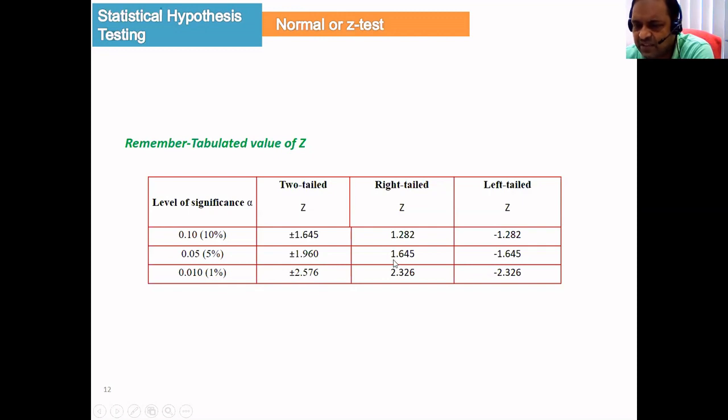For the right tail, the value for 5% is 1.645 or 1.65, to two decimals. And for 1%, or 0.01, it is 2.326 or 2.33. For the left tail, just take the minus value. This is the tabulated value for Z if you use the conventional critical region method. We'll do an example, and it will be easier for you.